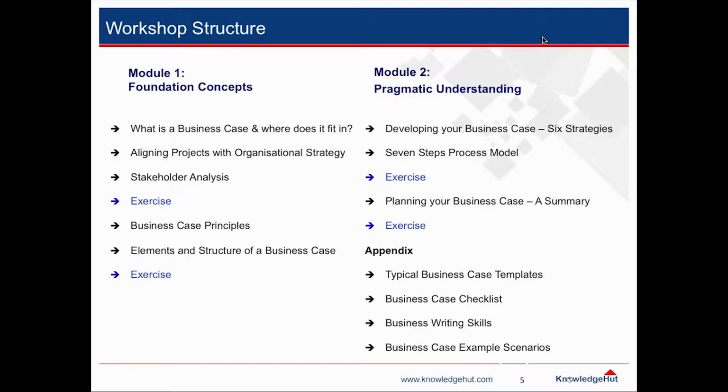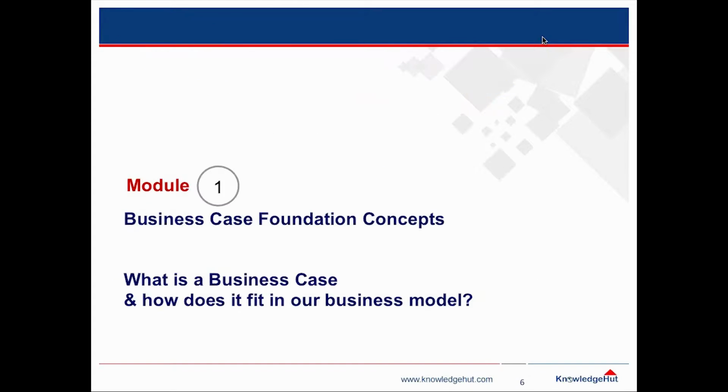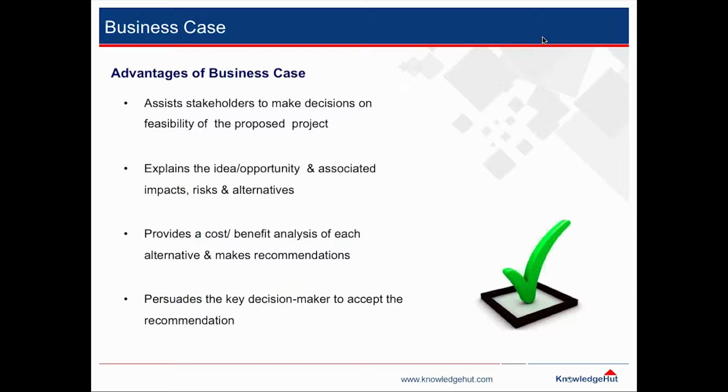Okay, let's get started with this. What is a business case and how does it fit into our business model? The advantage of a business case is that it assists stakeholders to make decisions about the feasibility of a proposed project. So your business case is linked to a project.